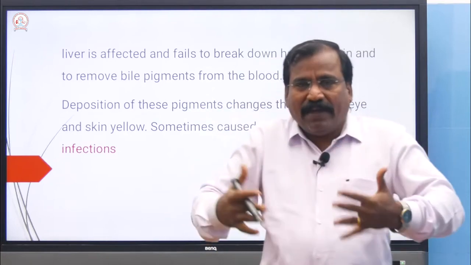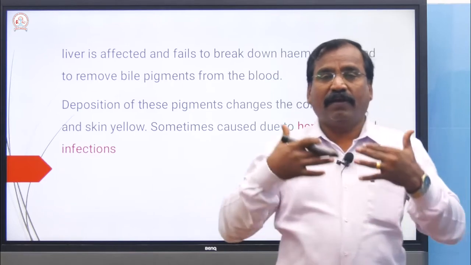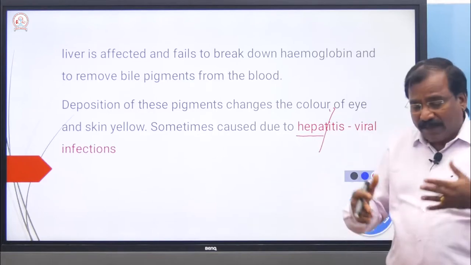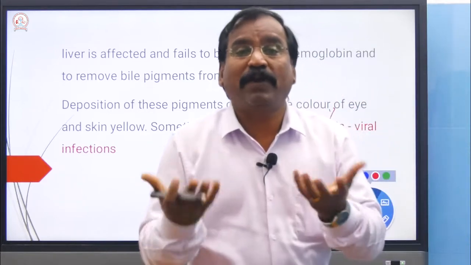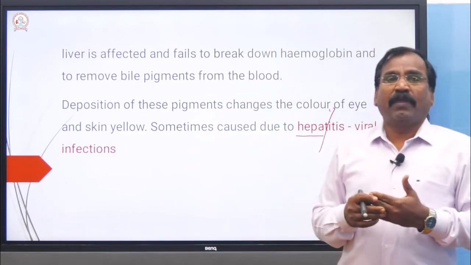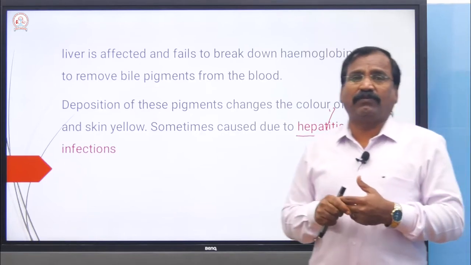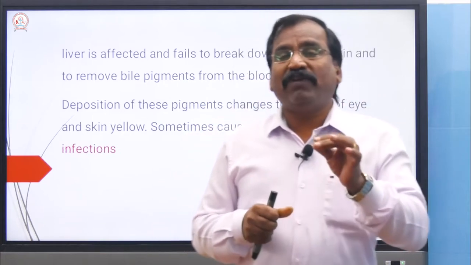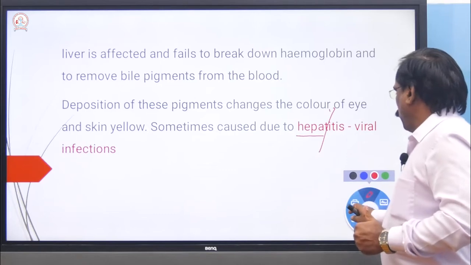Because of the failure of the liver to perform its function, the pigments accumulate, so the eye and skin become yellow. Manjakamalai, the eye and skin become yellow. It is due to the hepatitis B virus, which causes jaundice.